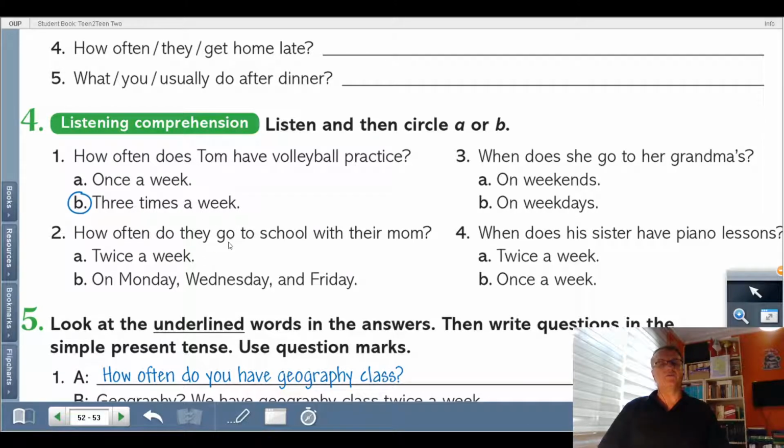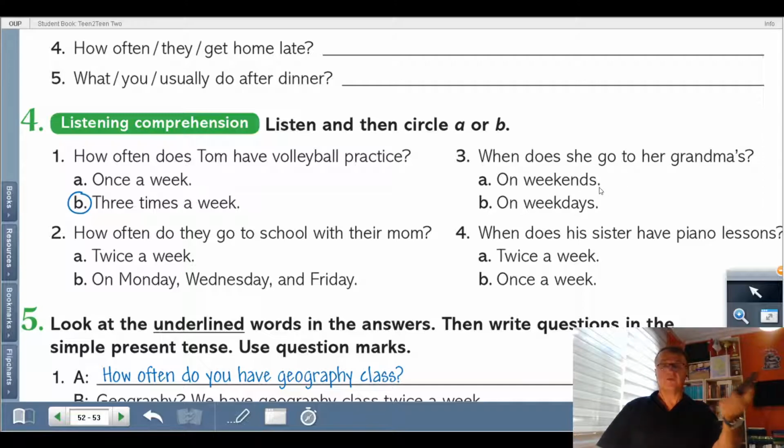2. How often do they go to school with their mom? Which one? Twice a week? On Monday, Wednesday, Friday means 3 times a week. 3. When does she go to her grandma's house? It means on weekends. Don't forget Monday, Tuesday, Wednesday, Thursday, Friday, and on weekdays.